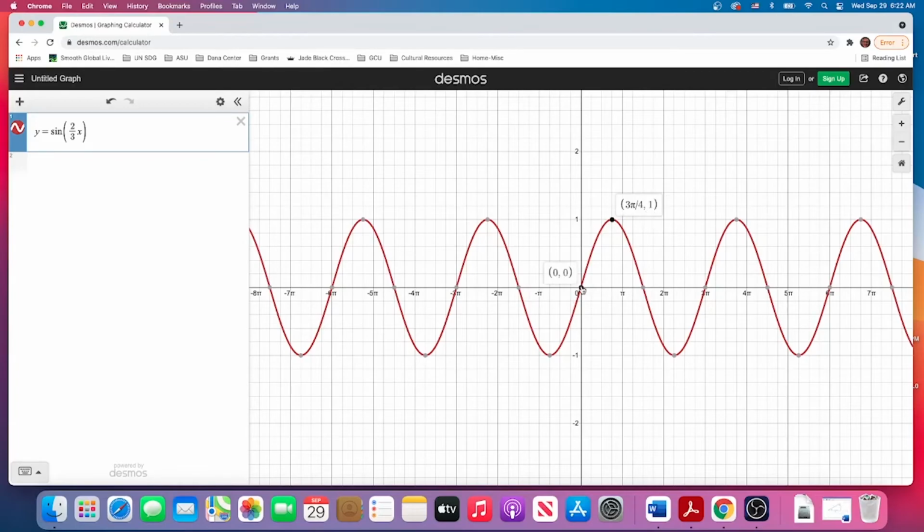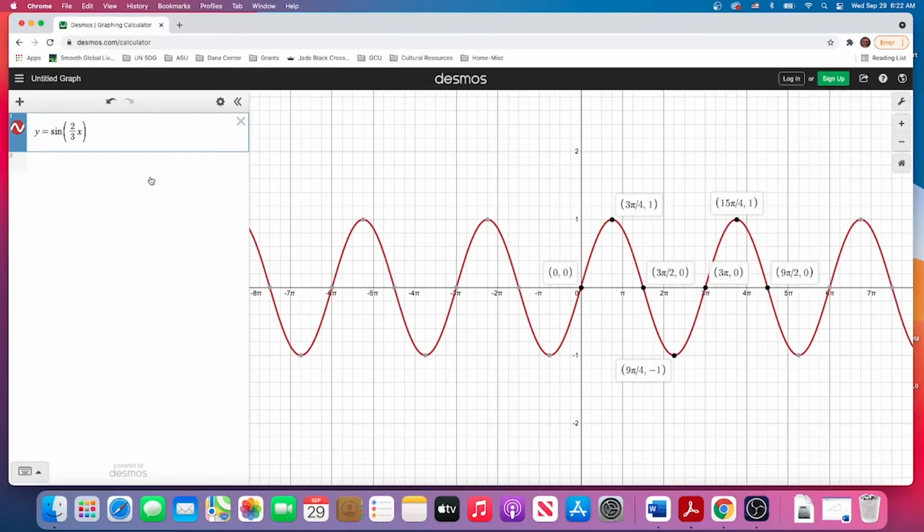Now 0 is nice because 0 times anything is 0, so that stays. But this 3 pi over 2, remember on the standard curve, the last one, this would have been pi. So these things all move, but look at this. You can at least highlight it, and it's giving you the values in radian measure. So the activities in Alex that call for these radian measures, you've got them.